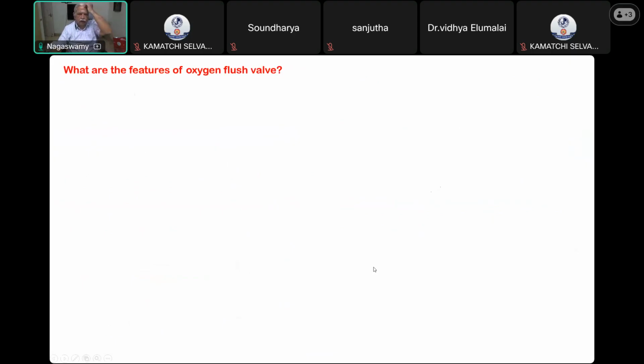What are the features of the oxygen flush valve? This is another common question in the examination. What is the purpose of this oxygen flush valve and what are the features? When will you use the oxygen flush? Is it to be used at all? When there is a leak, or when we are not able to ventilate during a difficult airway situation, we can use oxygen flush.